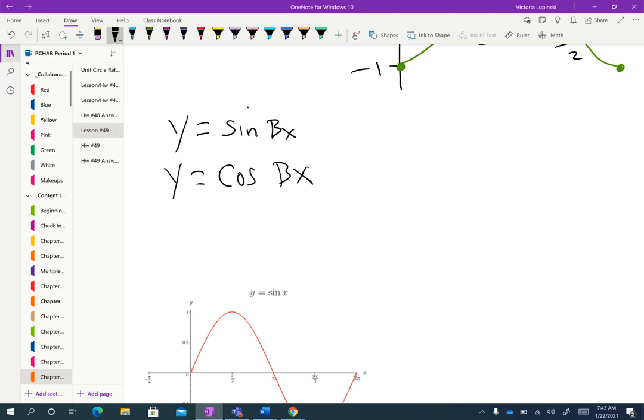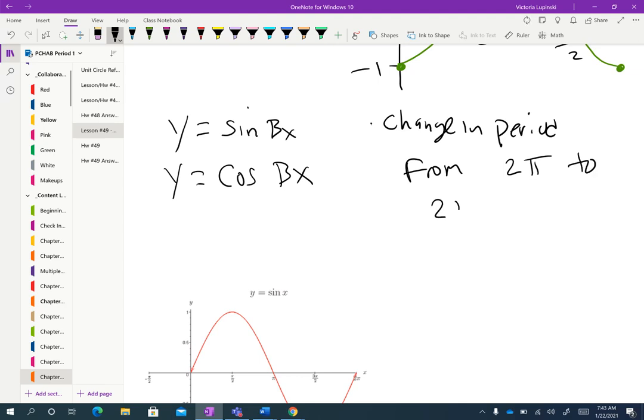So here's what you want to understand about B. What B represents is a change in period from 2 pi to 2 pi over B.